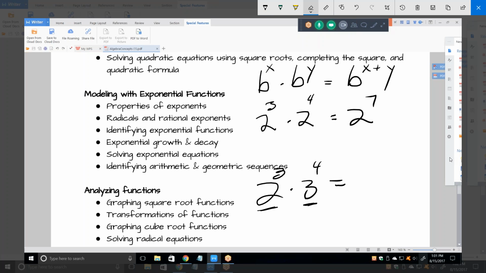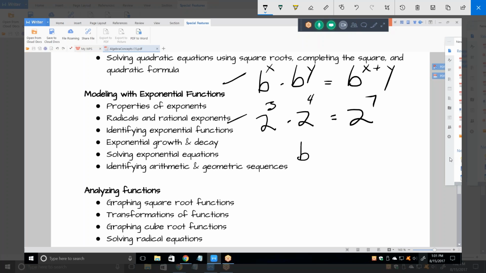Okay? The number one rule of exponents is the bases have to be the same. And you know what I mean by the base, right? 2 is the base. So notice that whenever we're multiplying, we add the exponents.